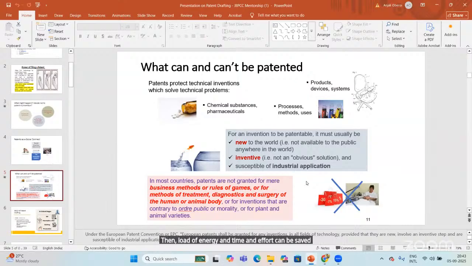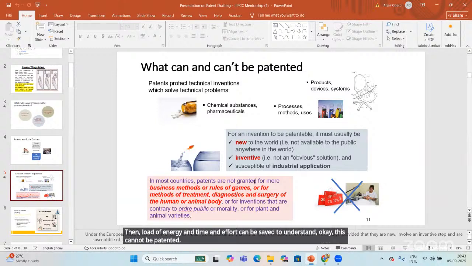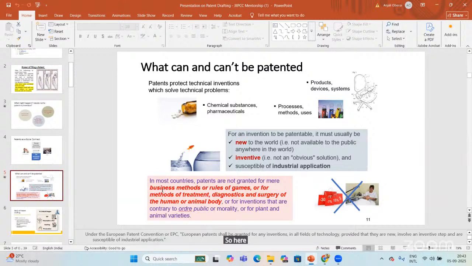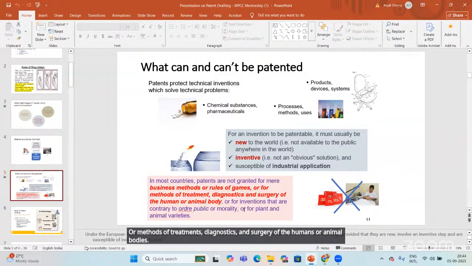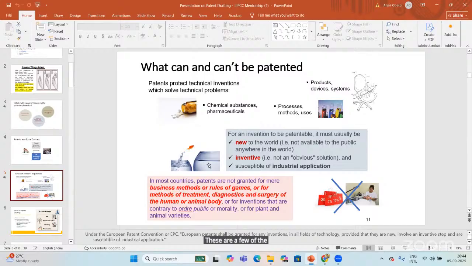So here, it's business methods, rules of games, or methods of treatments, diagnostics, and surgery of human or animal bodies. These are a few examples which are not granted patents, because these are not considered under the power of patents.